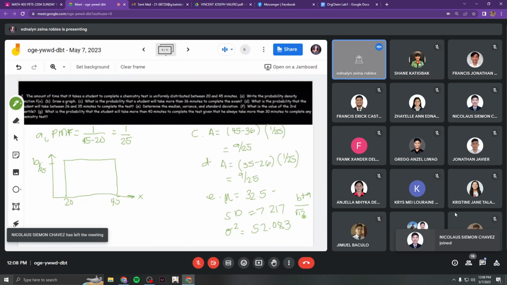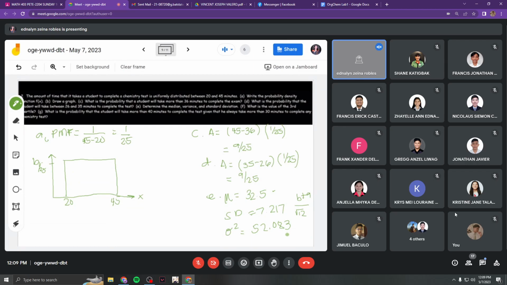And the variance is just the square of the standard deviation. So 7.217 squared is equal to 52.083. So letter F, what is the value of the third percentile?